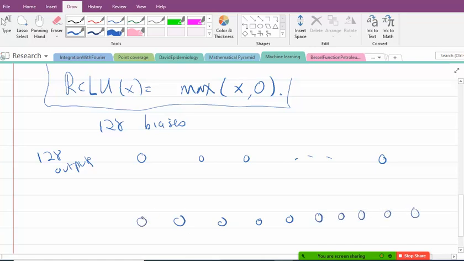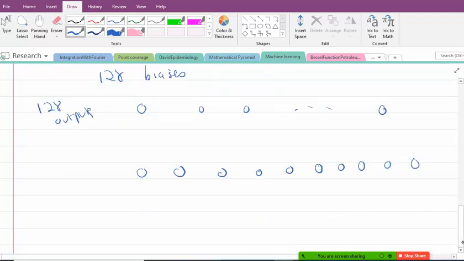Now, why are they narrowed down to 10? Because there are 10 different digits that we're trying to classify. Each image that comes in should be attached a label, 0, 1, 2, 3, up to 10. So these are the output values.